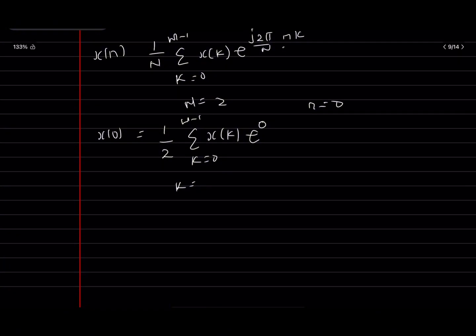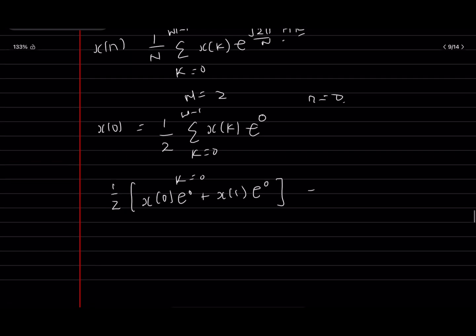So for k equal to 0, we get X of 0 exponent 0, plus X of 1, and even if k is 1, since n is 0, we still get exponent 0. Therefore we get 1 over 2 multiplying by X of 0.